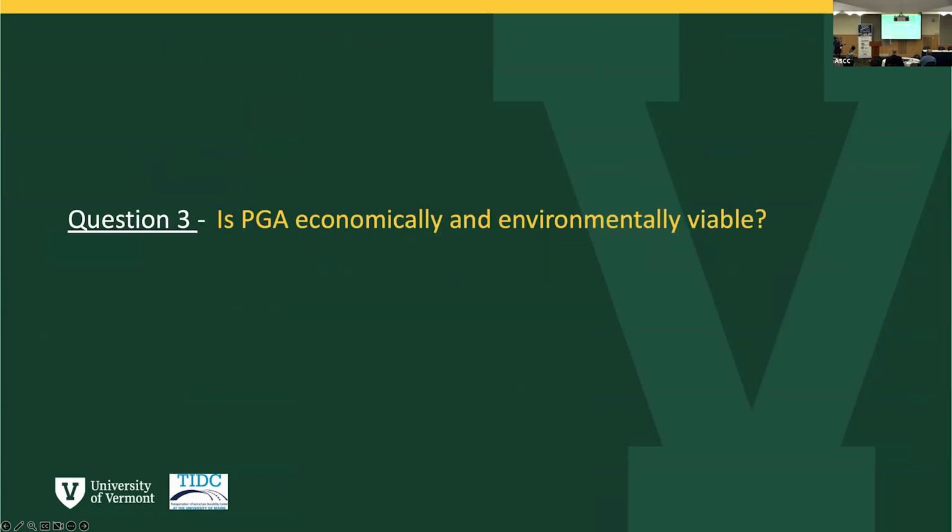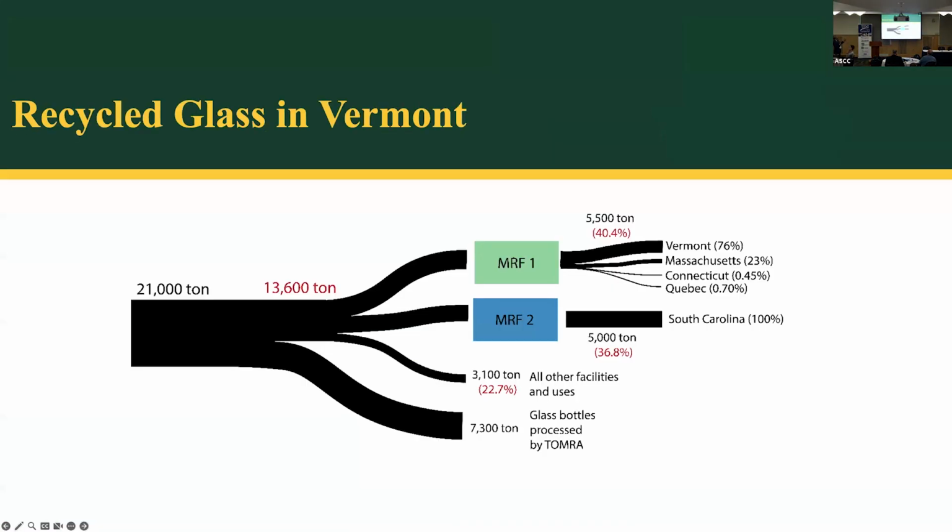Finally, is PGA economically and environmentally viable? We use Vermont as a case study, and I'm just going to talk about the economics part of it. Vermont produces about 21,000 tons of glass, with only 630,000 people.